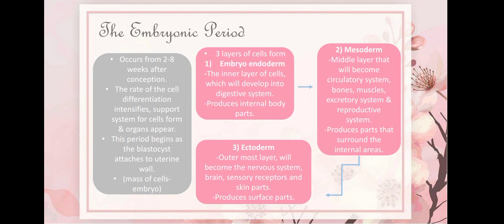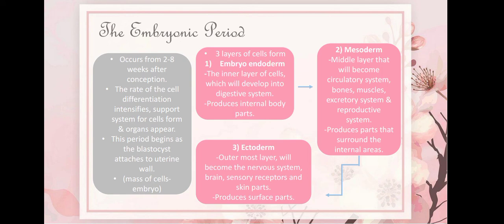So it produces the parts that surround the internal areas. And then the ectoderm, the most outer layer, will become the nervous system, the brain, the sensory receptors, and the skin. It produces surface parts. So basically, the endoderm produces internal parts, the mesoderm produces parts that surround the internal parts, and the ectoderm produces surface parts.